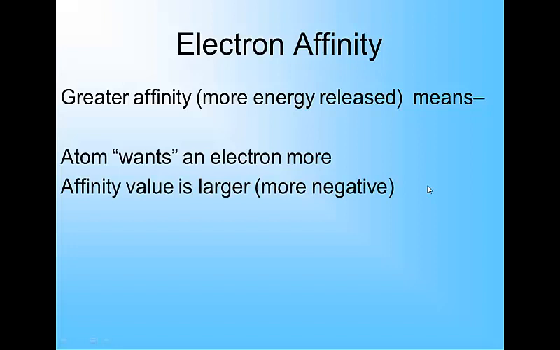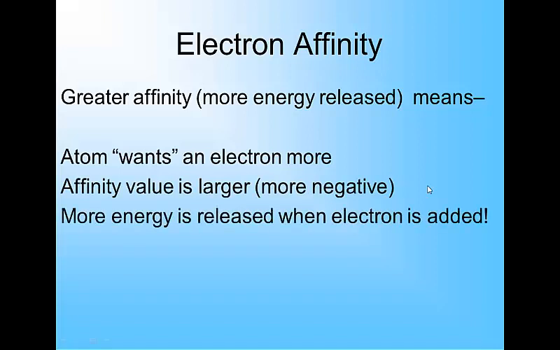Affinity value is a more negative number. More energy is released, less retained when that electron is added. And if you think about it, which side of the periodic table is supposed to have gained electrons? Well, the right-hand side. That means the right-hand side of the periodic table has an affinity for the electron.